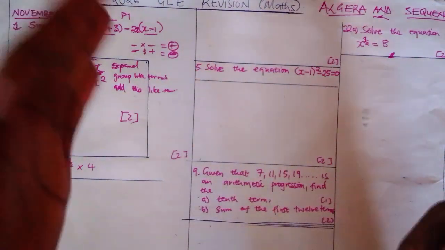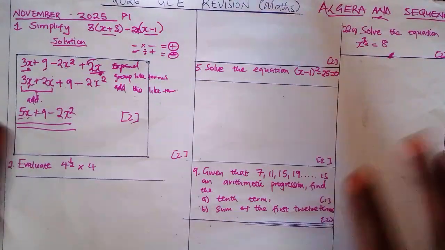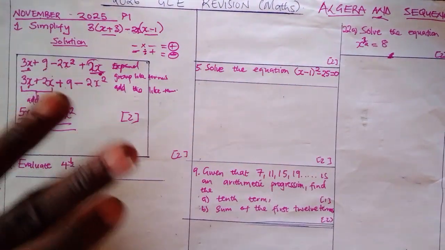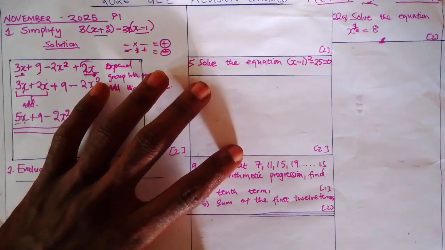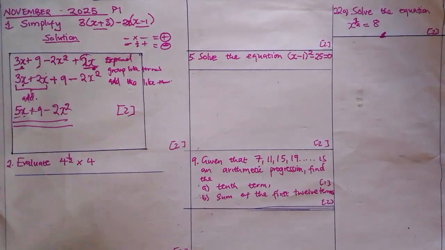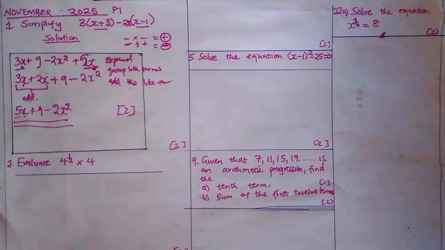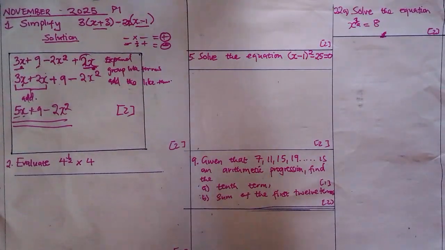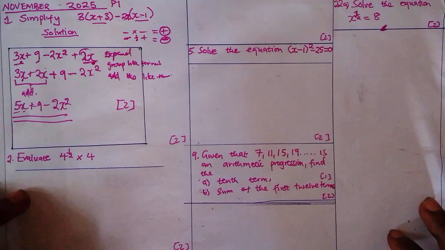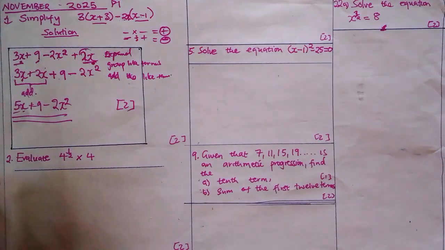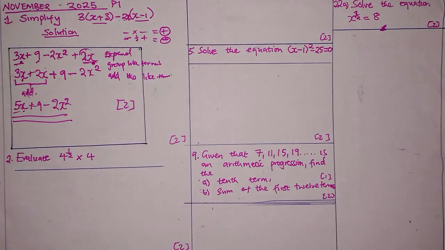Once you do these 3 steps, basically you have solved the first question. I'm taking a lot of time to explain this question because this is the extensive revision for GCE. We are going deep in math to help you pass.